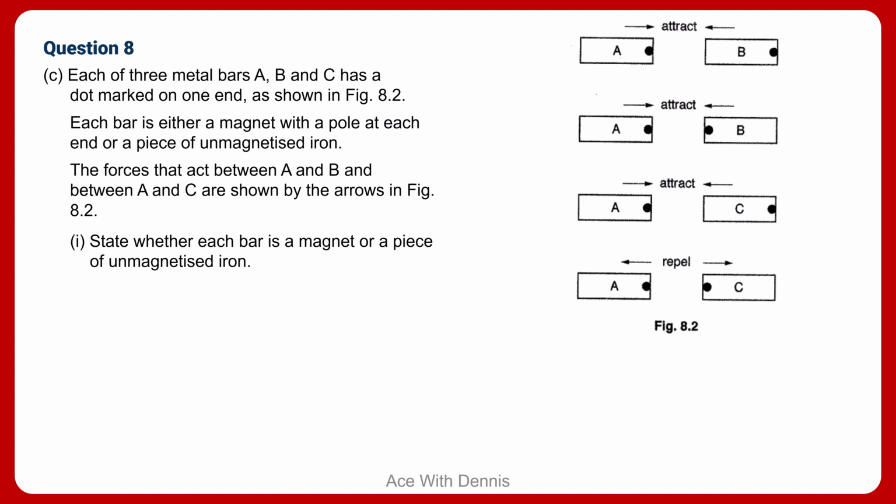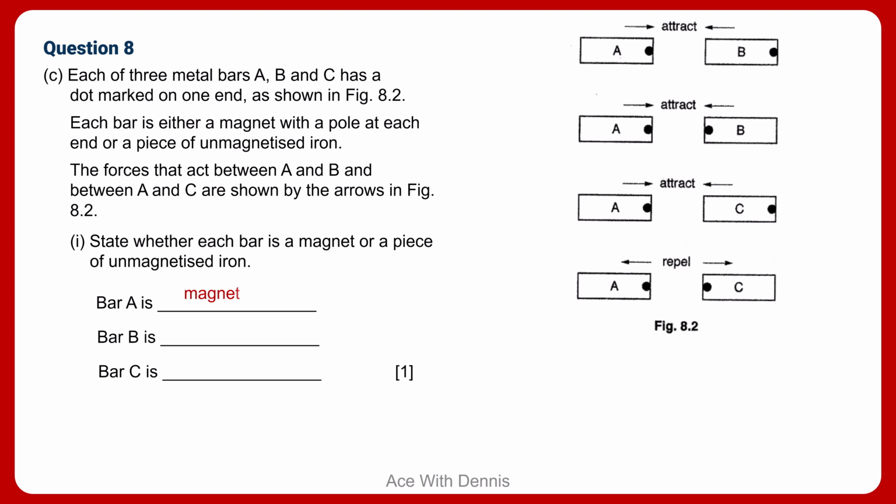State whether each bar is a magnet or a piece of unmagnetized iron. So for this question, 1 mark. The answer is bar A is a magnet, bar B is an unmagnetized iron, and bar C is a magnet.